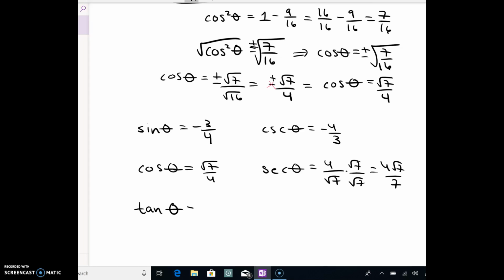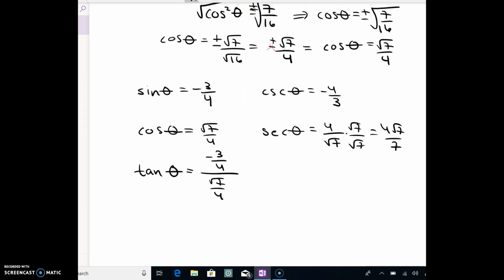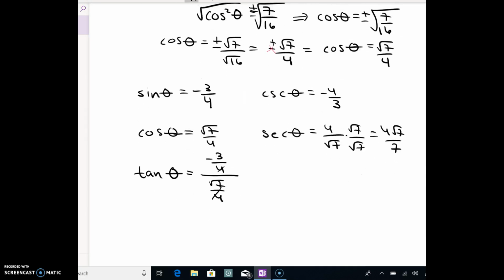So if we take our sine value and divide that by cosine, we can cancel out these 4's over here, and the tangent of theta is equal to negative 3 over the square root of 7. Knowing that, the cotangent of theta is just the reciprocal of that, which is negative square root of 7 over 3. And then we can go back and adjust this because we can rationalize and get rid of the radical in the denominator.